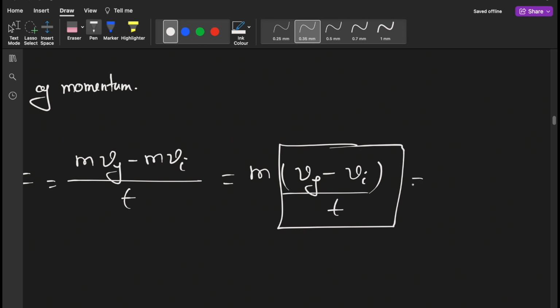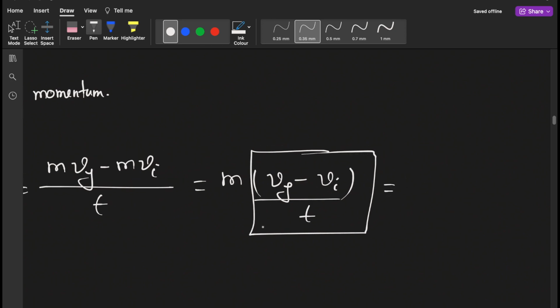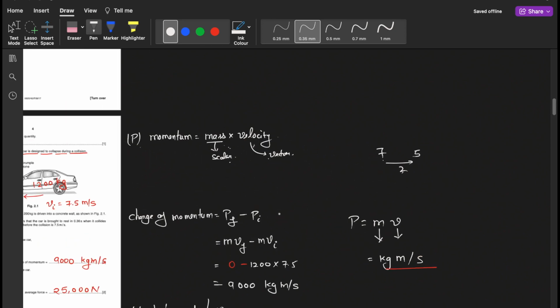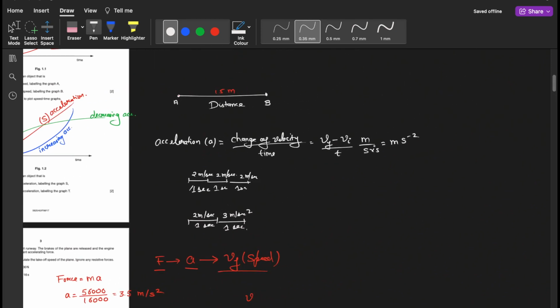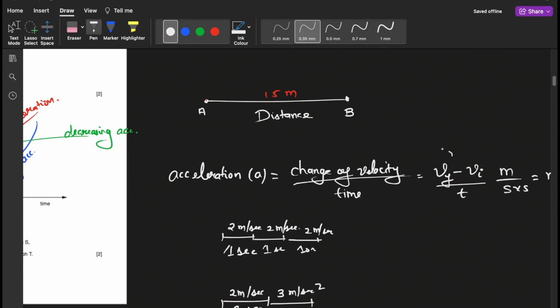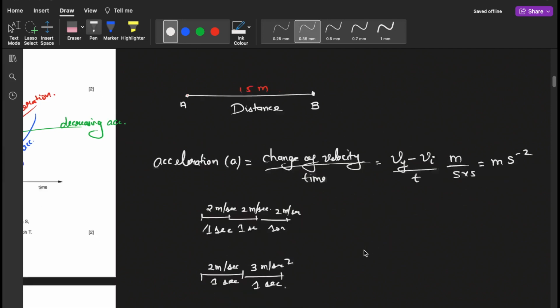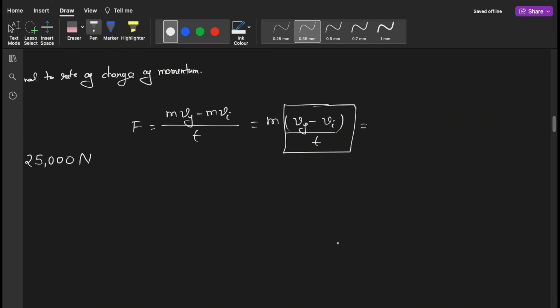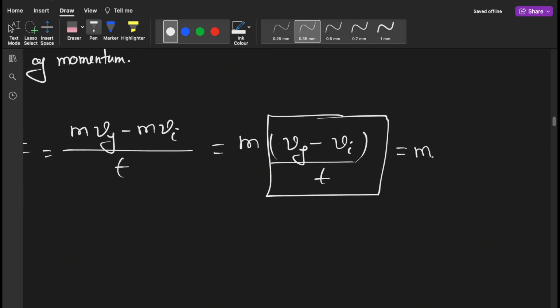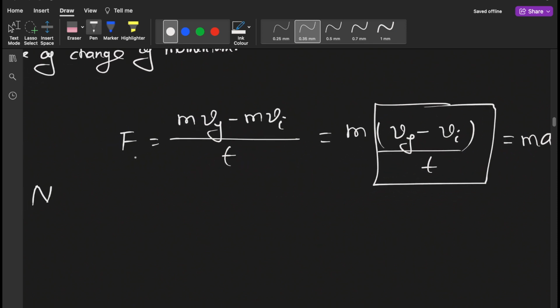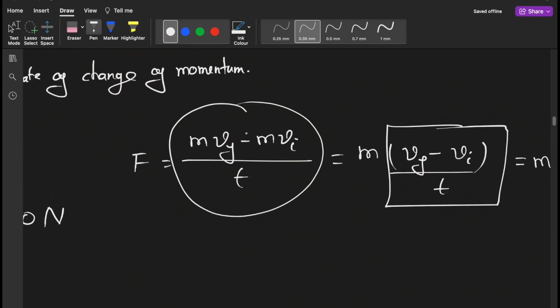I remember learning this, but I had just told you. What is this, what do we call it? Okay, sorry, acceleration. Yeah, that is acceleration. So mass into acceleration. This is the rate of the change of momentum.